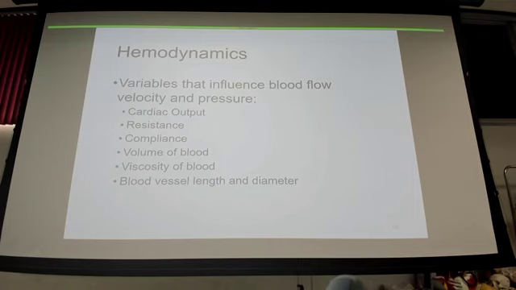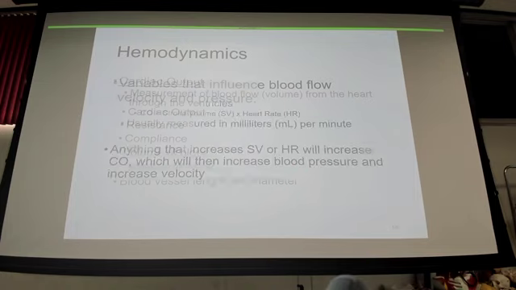Compliance of the vessels themselves, not just compliance of the ventricle. So if there's hardening of the arteries, atherosclerosis, and they're less compliant, less distensible, less able to accept flow, then we're gonna have less fluid and higher resistance, right? And viscosity we're gonna talk about in just a second.